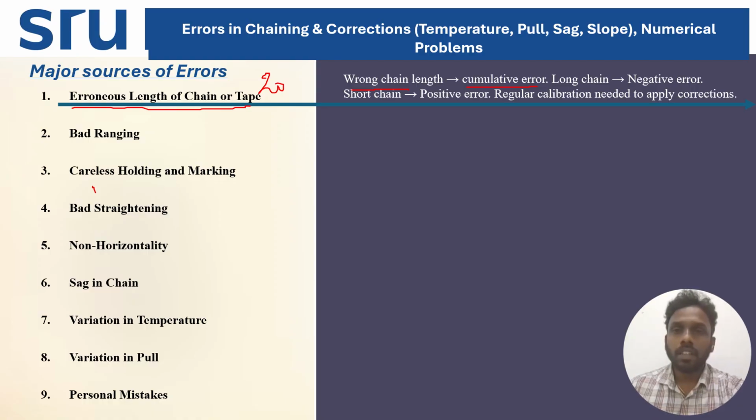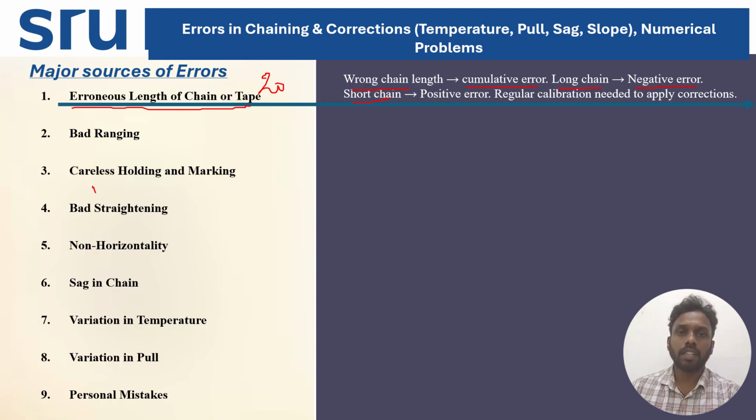Next one is a long chain. If your chain is too long, then the error is negative, because what you are measuring is too long a measurement.